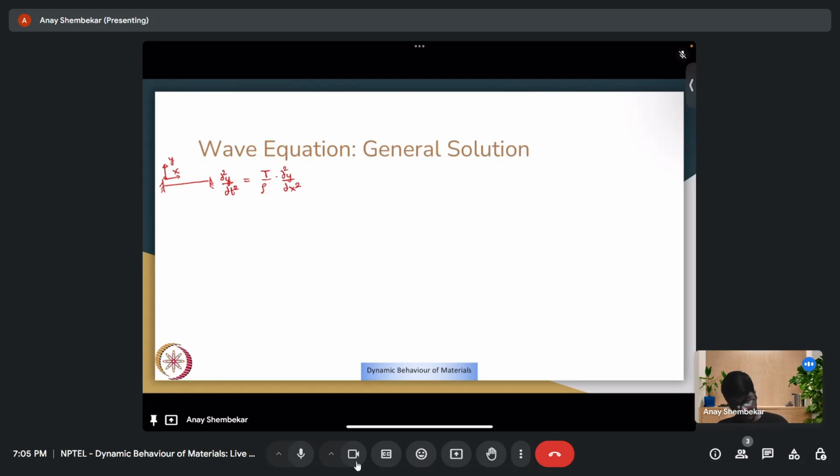Similarly, we have seen in the case of a spring, we can write the wave equation as rho ∂²s/∂t² equals k by rho ∂²s/∂x². Here s is the displacement of a small spring section.